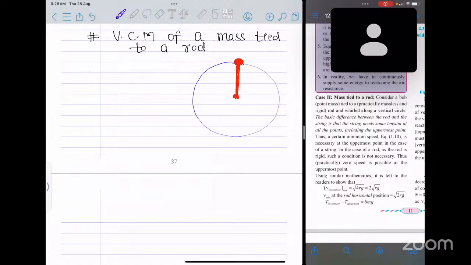Important point is difference between string and rod.